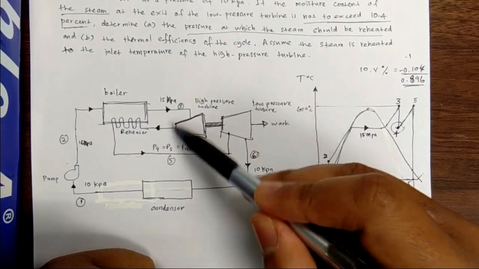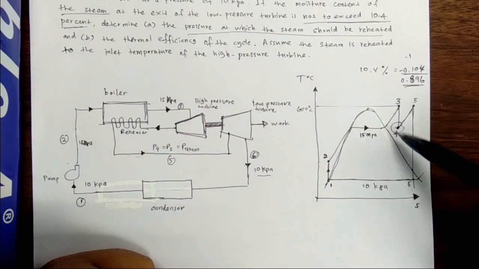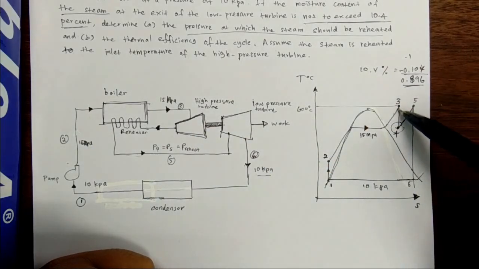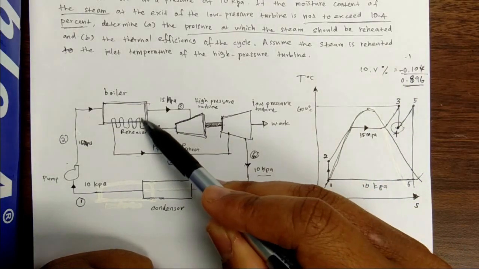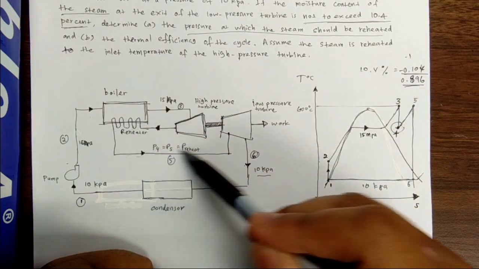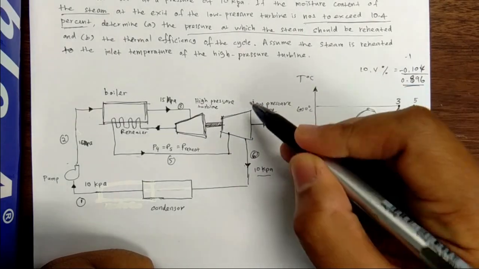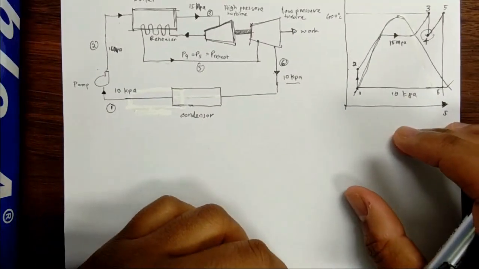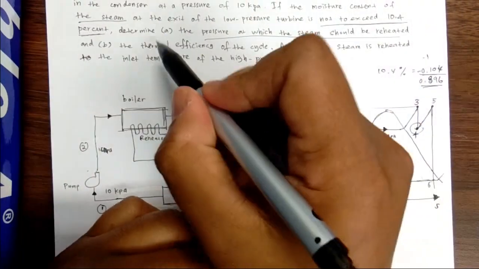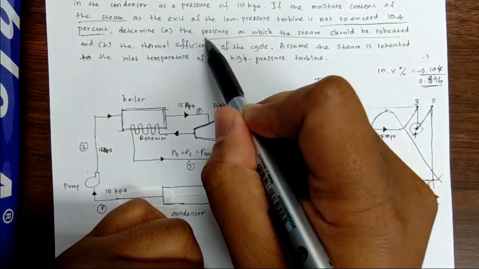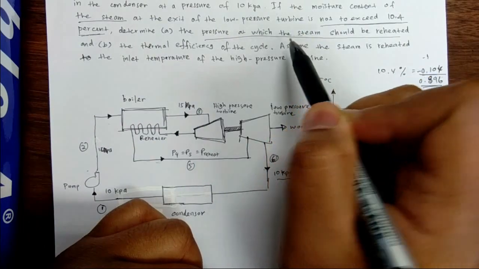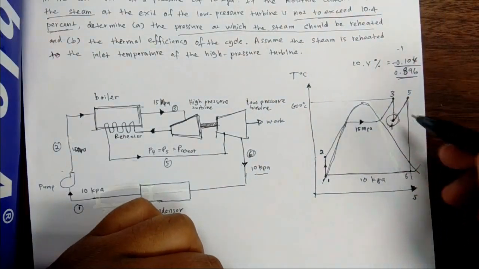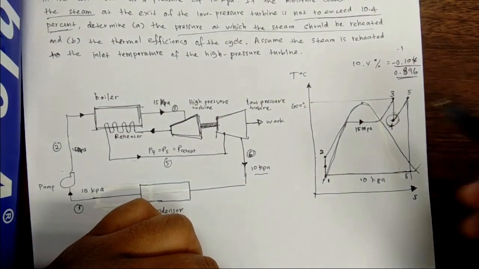At state 3, the steam is reheated using the boiler before it enters the low pressure turbine. Okay, so the first step is to find question A. What is the pressure of the steam here at state 4?